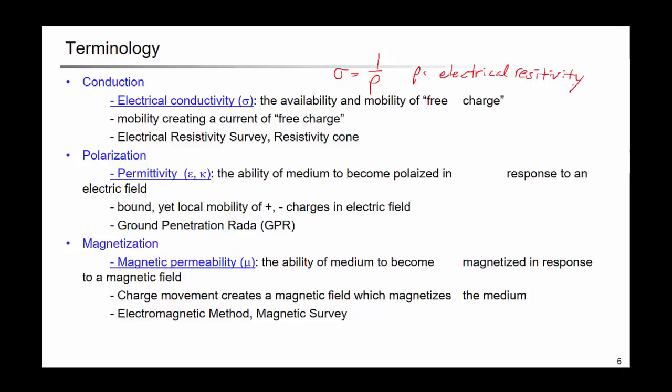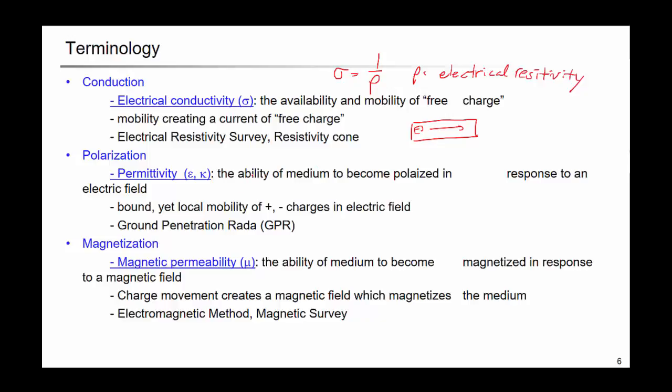Resistivity. So it's like you have a conductor and you have a free charge, like a free electron, and when you apply a voltage, this free electron moves, right? And the mobility of that is called electrical conductivity.